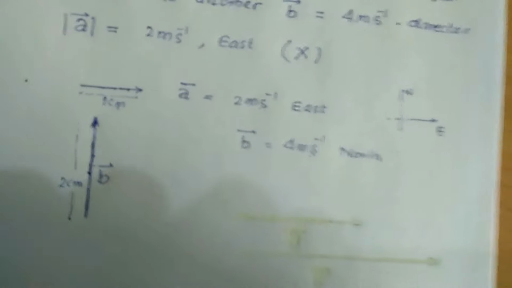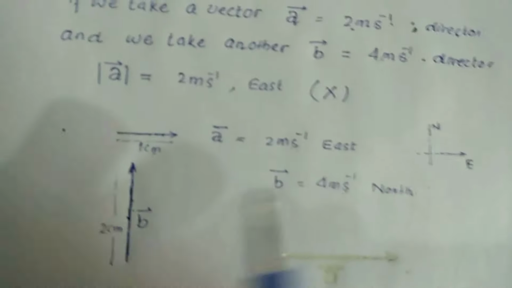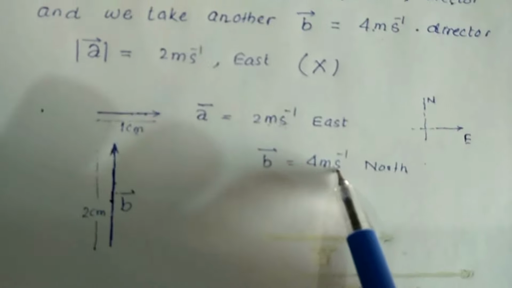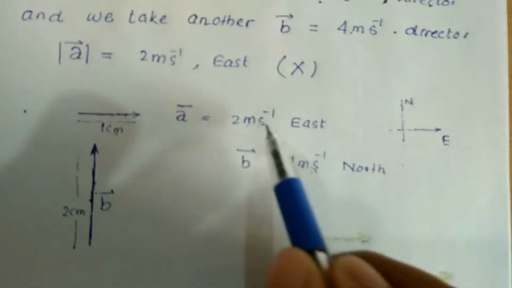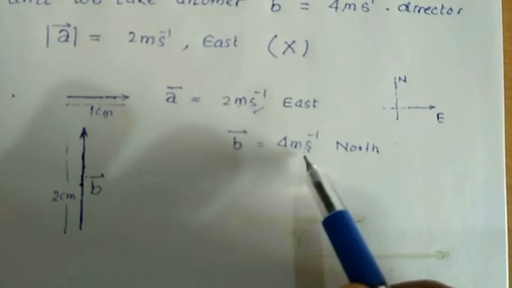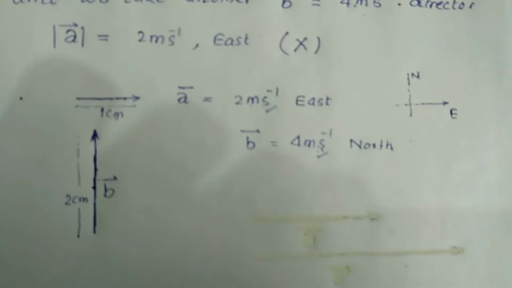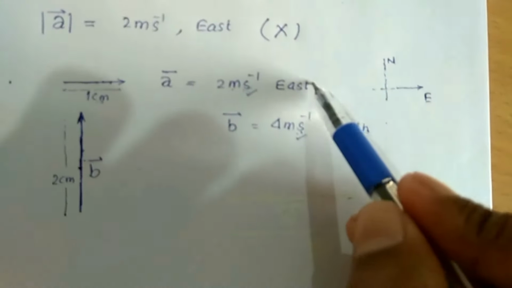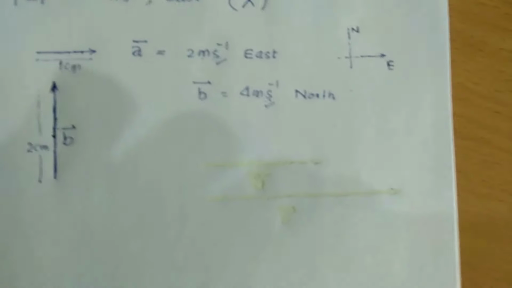Also here A and B are of the same kind, because this is also a velocity and this is also, but maybe in a different direction.